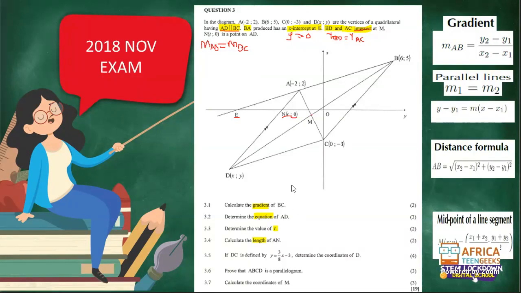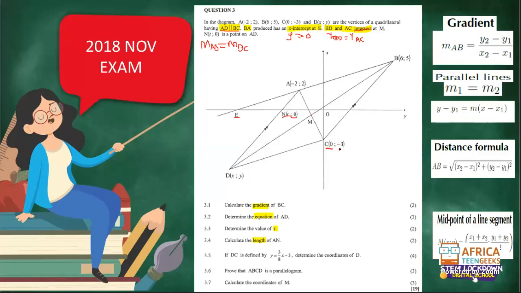For example, if we start with our 3.1, they want us to calculate the gradient of BC. But to calculate the gradient, we need 2 points if we are using this formula. So let's check our BC.